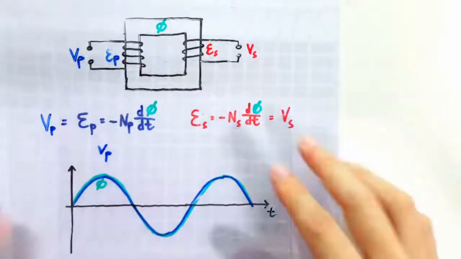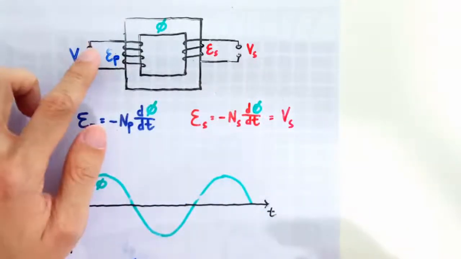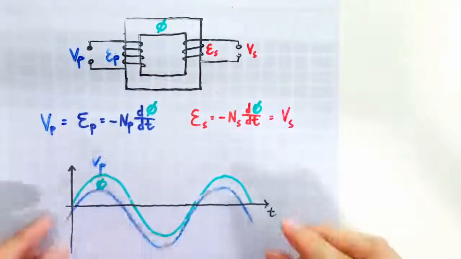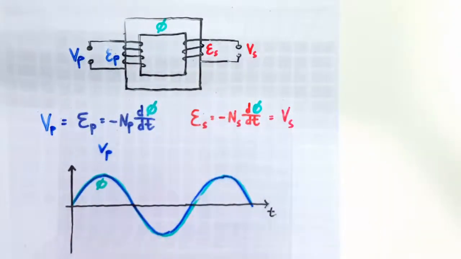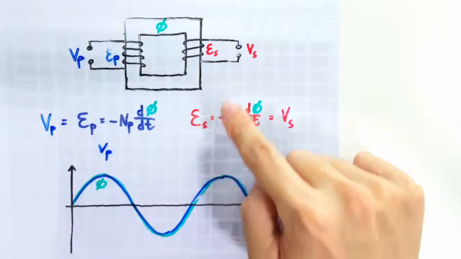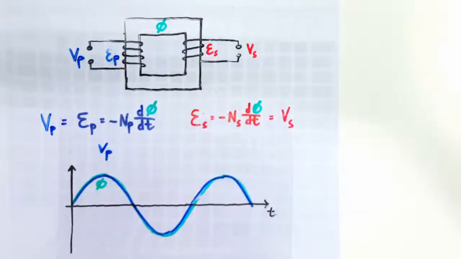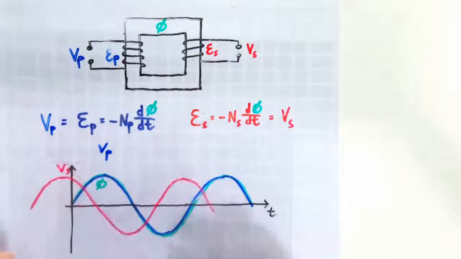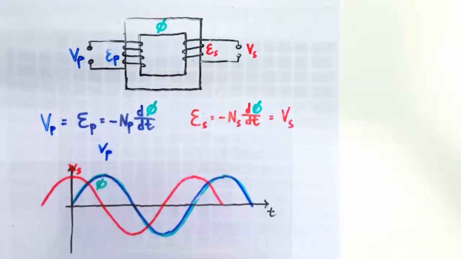I repeat, since it's Vp that produces Ip that produces the magnetic flux, Vp, Ip, and the magnetic flux should all be in phase. The induced EMF in the secondary coil is induced off the magnetic flux. So there must be a quarter cycle phase difference between them, which means Vs and Vp are out of phase by a quarter of a cycle.